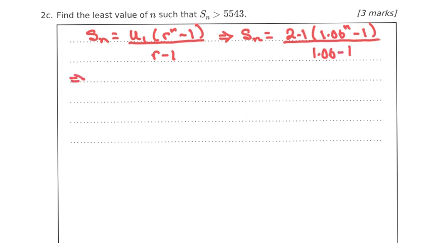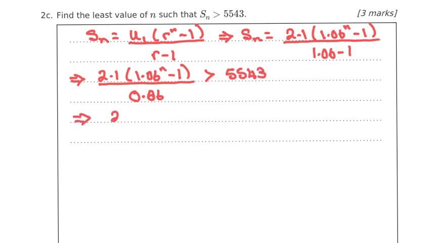Therefore, you get 2.1 times 1.06 to the n minus 1 over 0.06, and this has to be greater than 5,543.